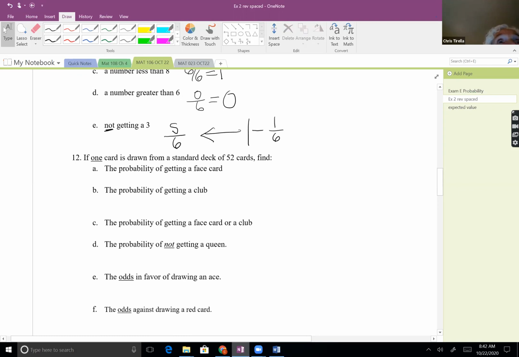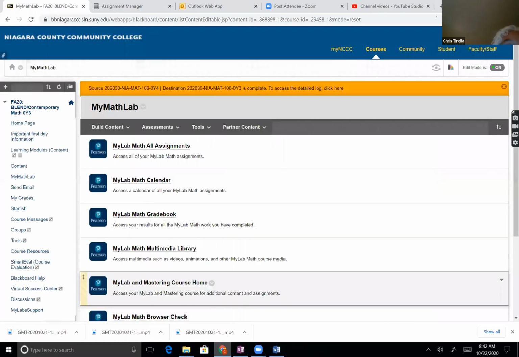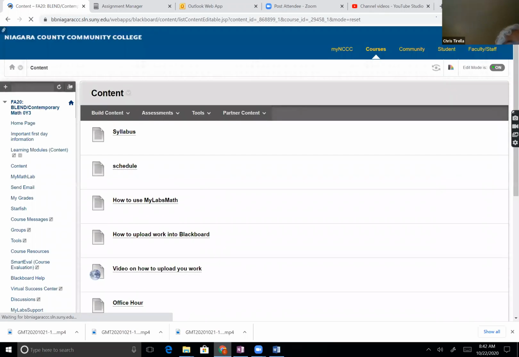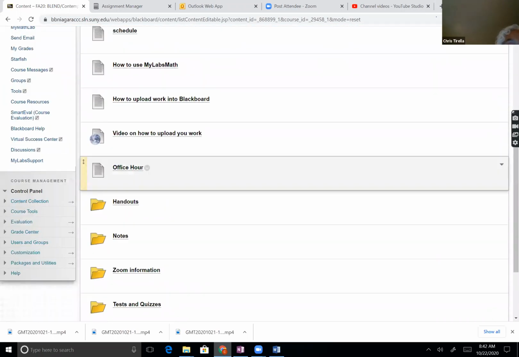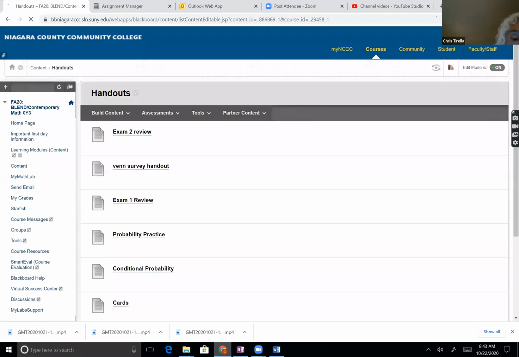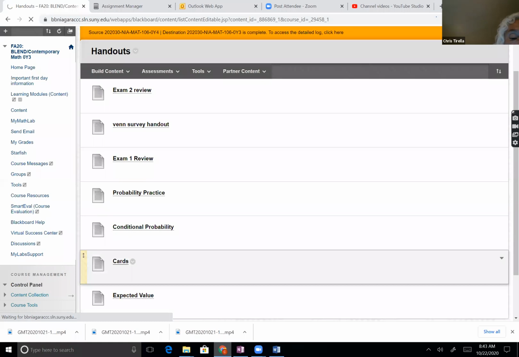If they don't, and on the off chance that they don't, and you're not comfortable with cards, before you open the test, please go to, in Blackboard, in content, in handouts, please open the picture of a deck of cards.